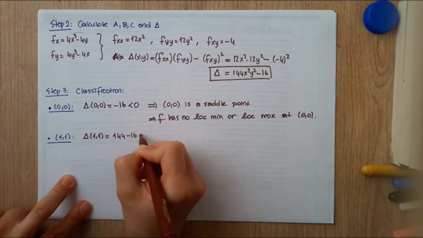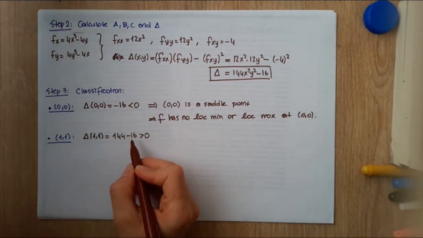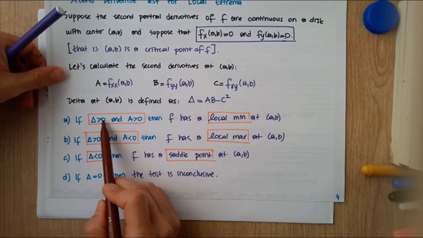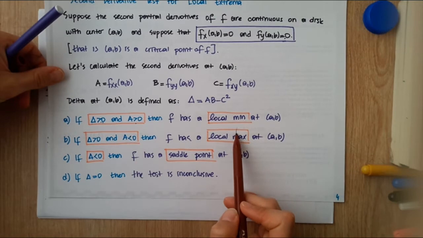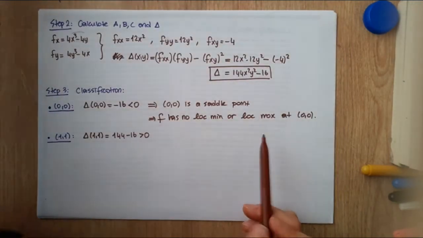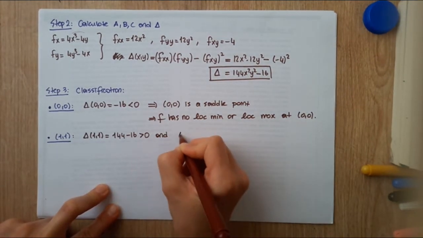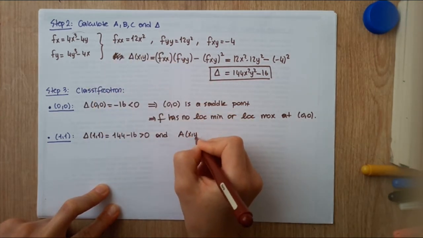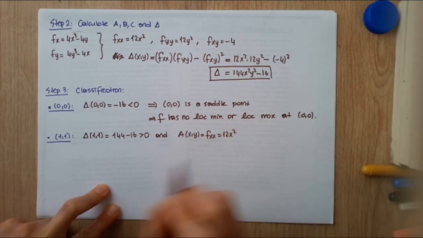So I have 144 minus 16, which is greater than 0. So if it is greater than 0, you should look at the sign of A this time. If delta is greater than 0, depending on the sign of A, you can decide that it is a local min or local max. A is f sub xx, which means I have 12x squared.